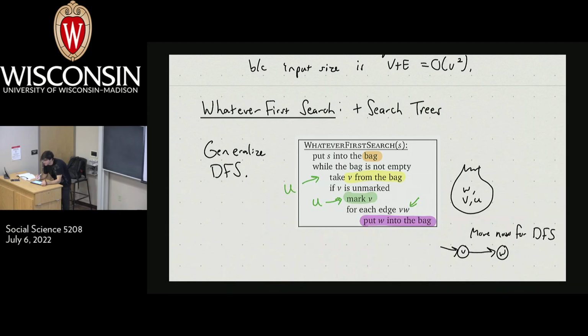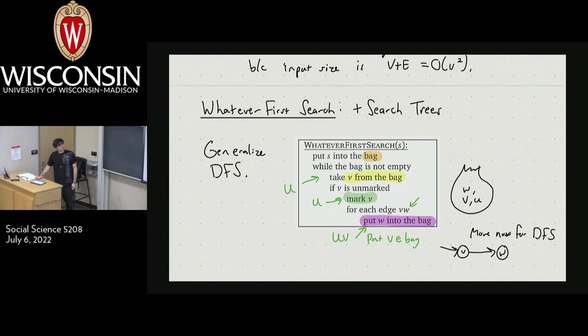What's one of the neighbors of U? V. So remember, UV is an edge. And so this line right here will put V in the bag. Okay? So we know we put V in the bag eventually, specifically right as we mark U.